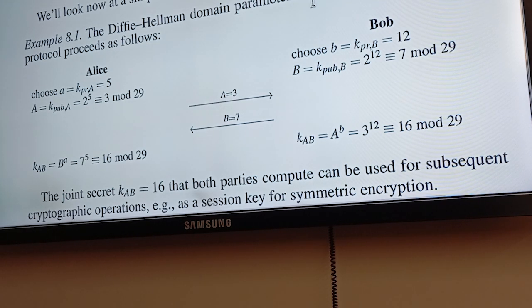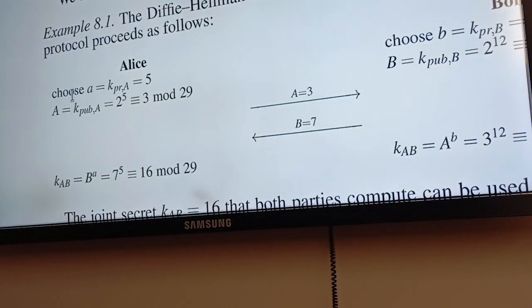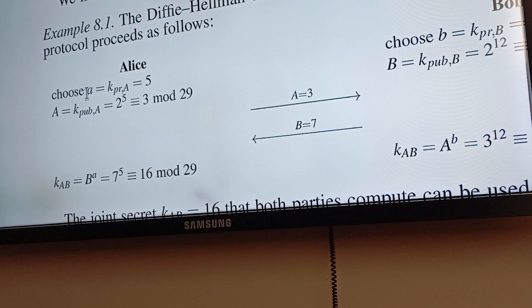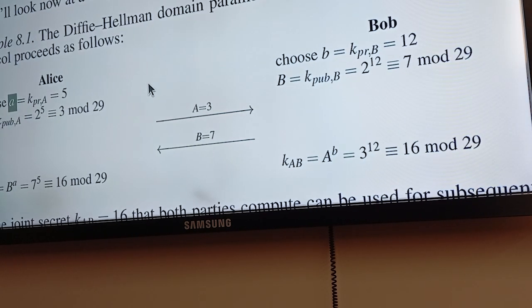So we have the domain parameters 29, which is a prime number, and alpha. So what Alice does here is, let me zoom in a little bit, Alice selects her A. Now note that A or B don't have to be prime numbers.